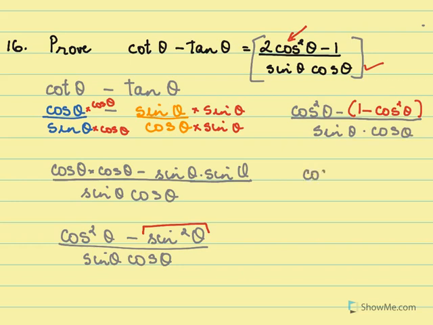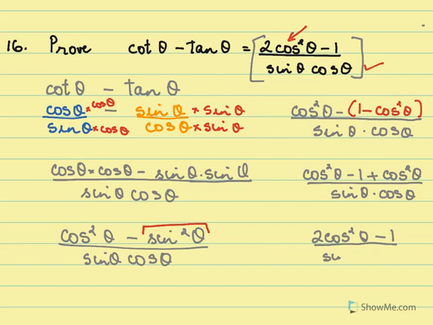Now I open the bracket, so this becomes cos square theta minus 1 plus cos square theta over sine theta cos theta. That is 2 cos square theta minus 1 over sine theta cos theta, and I have proved left hand side equal to right hand side.